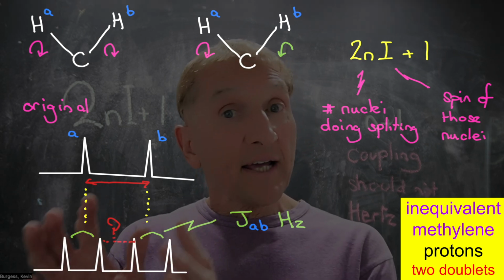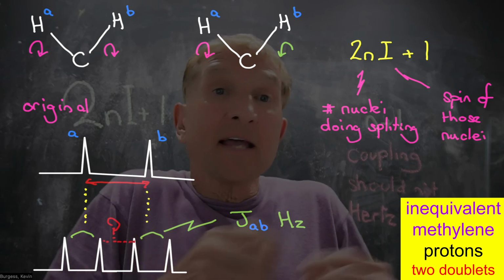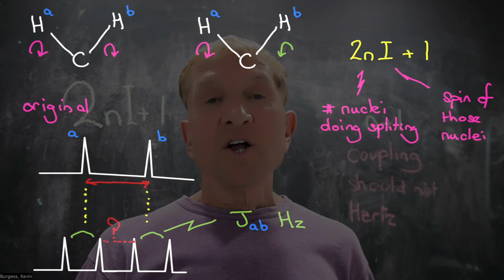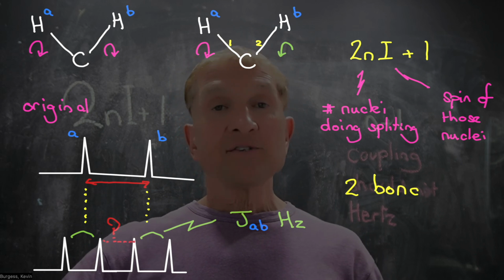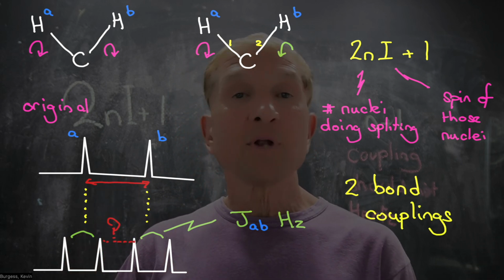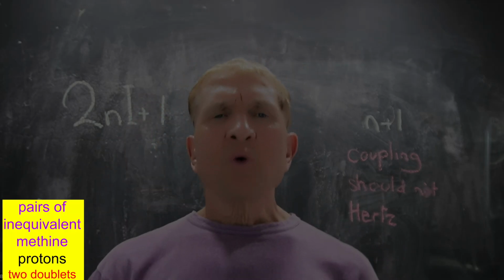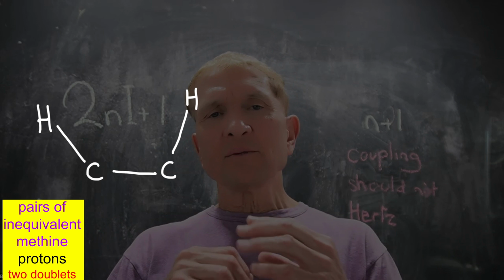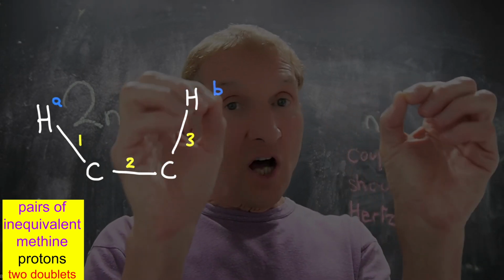If we sit on HB, we get exactly the same result, except it's HA doing the coupling. 2NI plus 1 is in this case 2 times 1 times a half plus 1. That's 2, a doublet.